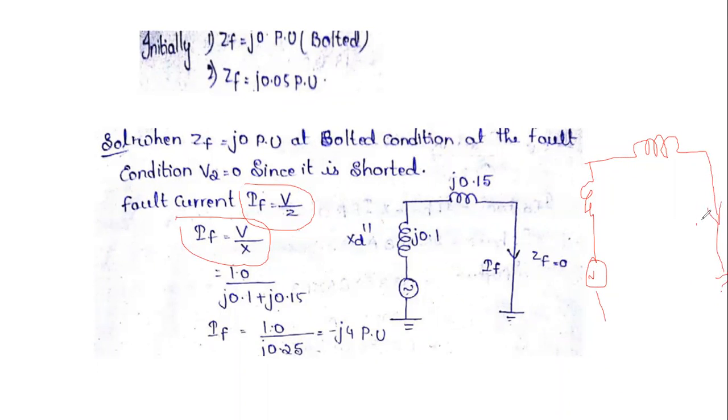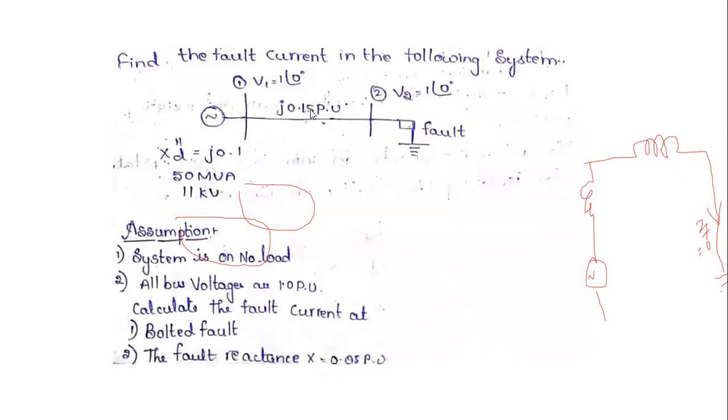At this condition, bolted means ZF is equal to 0. The transmission line reactance is j0.15 per unit and the generator reactance is j0.1.